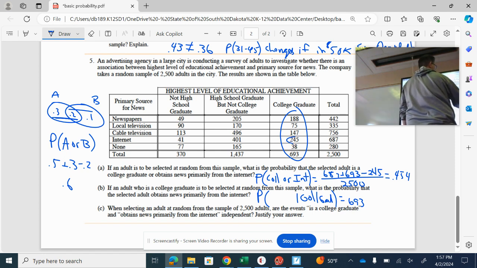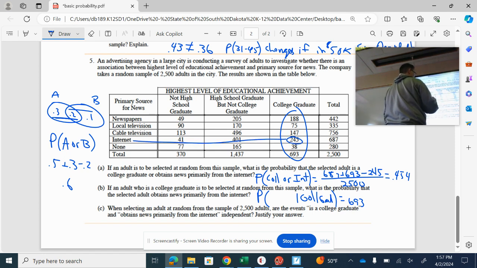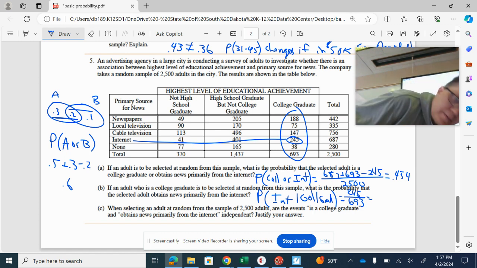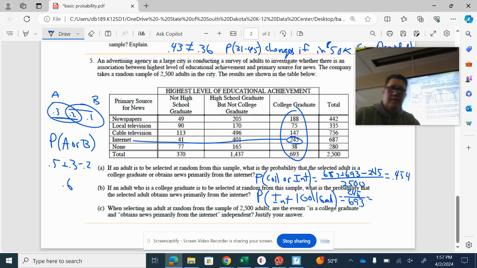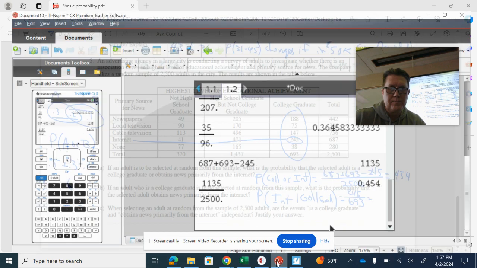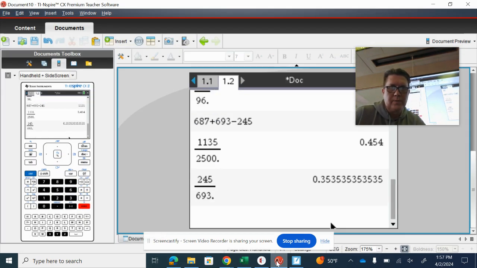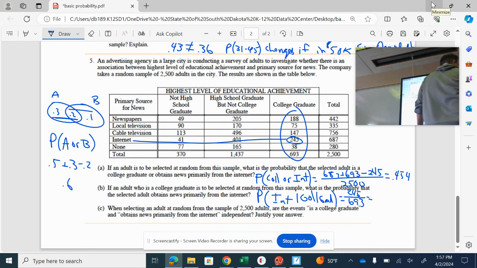What's the probability they obtain information from the internet? That's the 245. So, 35% chance that happens.